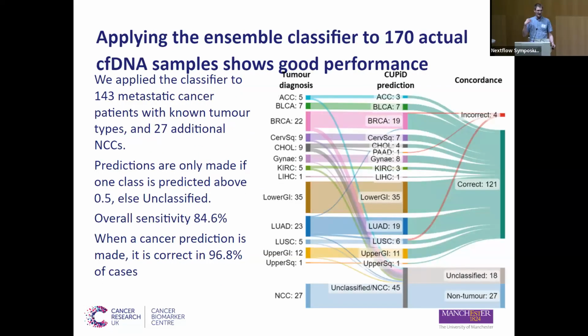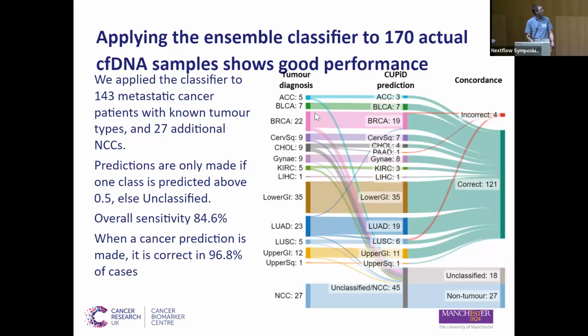And so when I apply it to actual samples, I have 143 samples from known cancer patients of known type. So they're on the left here. You can see the predictions that are made in the middle. I guess I should mention the classifier is called CUPiD.